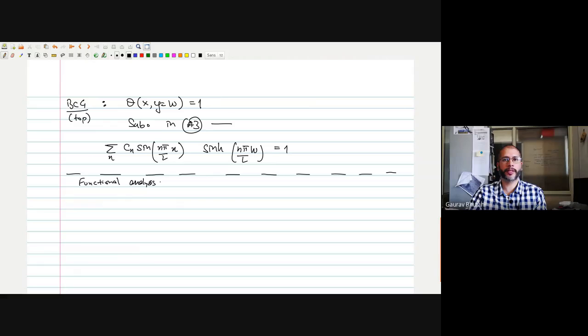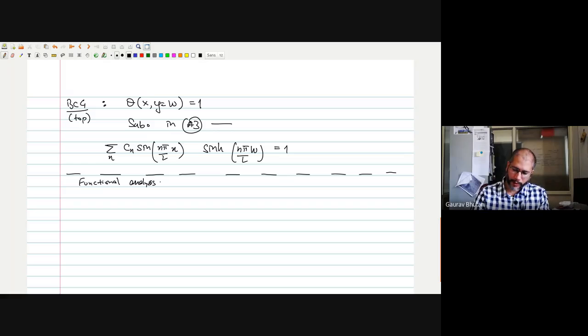So the whole idea of the Fourier series is actually based on that. The idea of the Fourier series is that you can write any nice function as a sum of infinite sines and cosines. These sines and cosines form one basis, and the good thing is they are orthogonal bases.